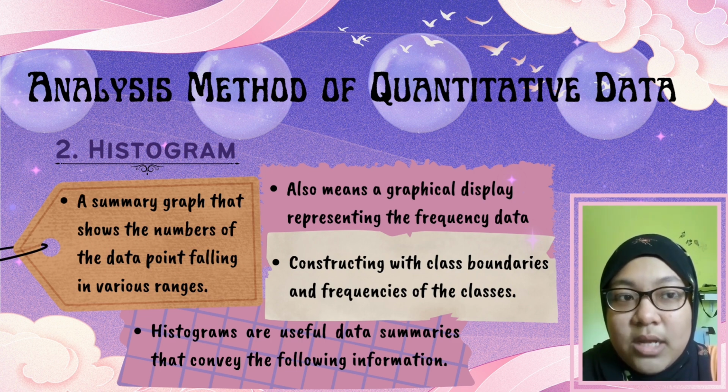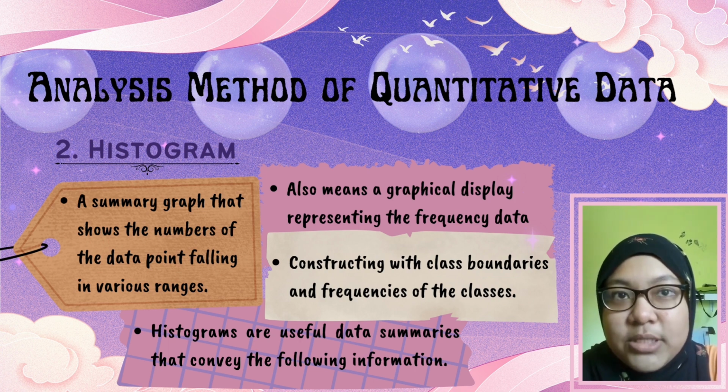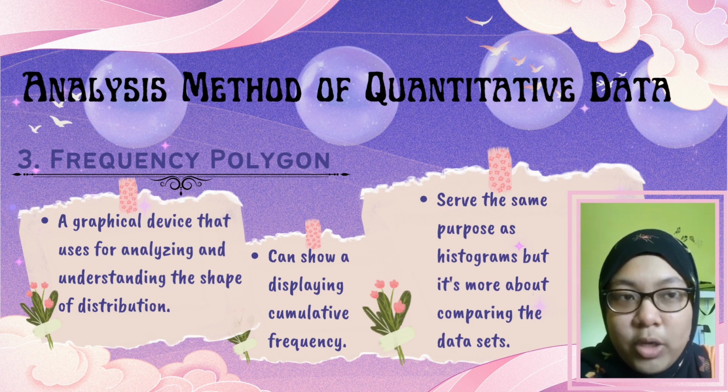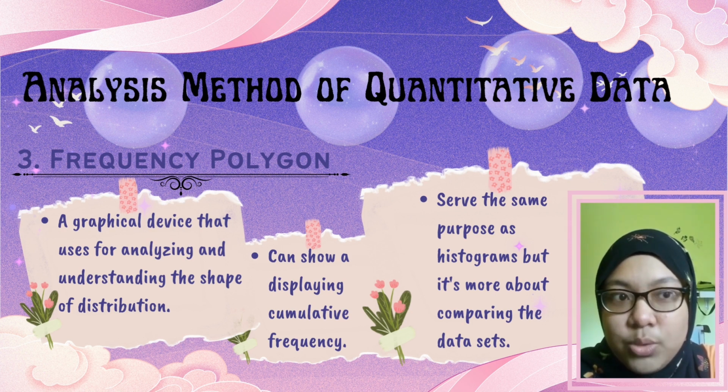Histograms are used for data summaries that convey information such as the general shape of the frequency distribution and the symmetry of the distribution. We also have the frequency polygon. A frequency polygon is a graphical device used for analyzing and understanding the shape of a distribution.